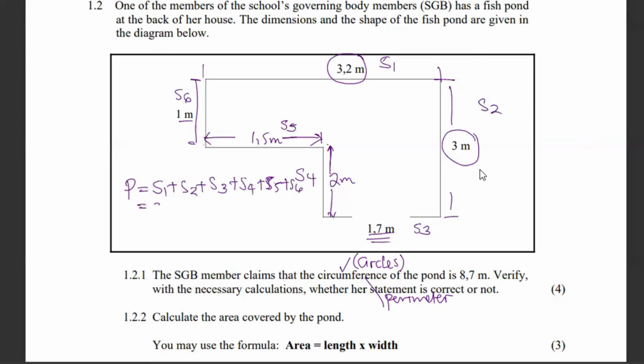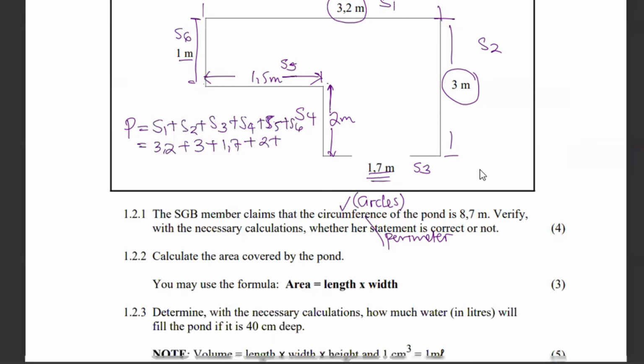Side 1, 3.2 plus 3 plus 1.7 plus the 2 we've got plus the 1.5 then plus 1.